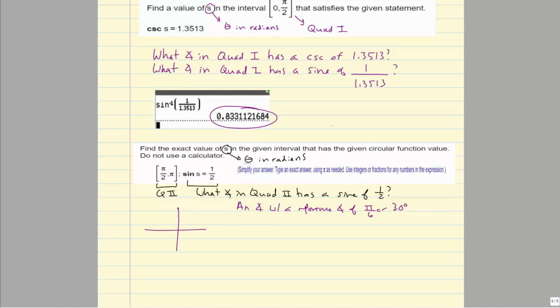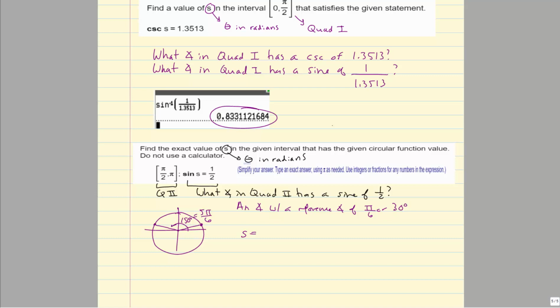So if I draw out my unit circle here, I can do that. My reference angle 30 degrees in quadrant 1 would bounce back to a reference angle over here of 150 degrees, or 1 pi over 6, 2 pi over 6, 3 pi over 6, 4 pi over 6, 5 pi over 6. So the angle I'm looking for then is s equals 5 pi over 6.